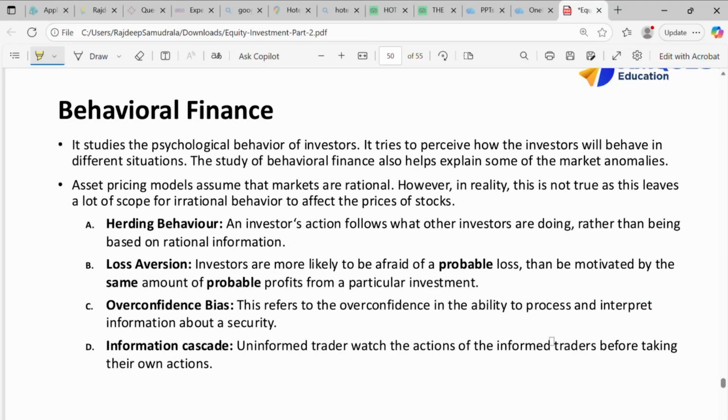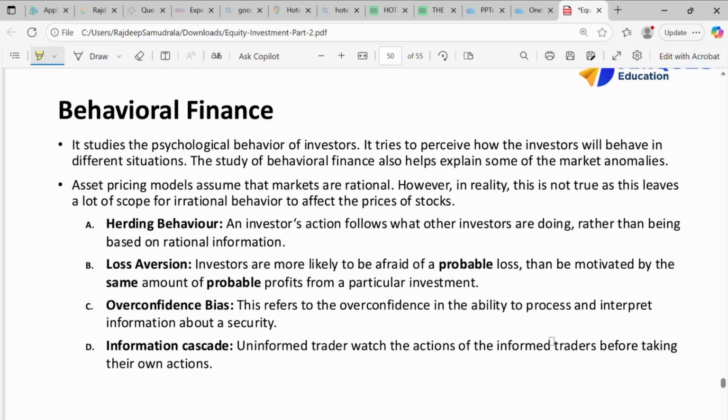Now, a very interesting topic: behavioral finance. This is nothing but the behavior of people when it comes to finance. This is very easy to understand and observe. You'll notice that when people behave in a certain way in the world of finance, it's only because of this behavior, like herding behavior, where investors are following others.